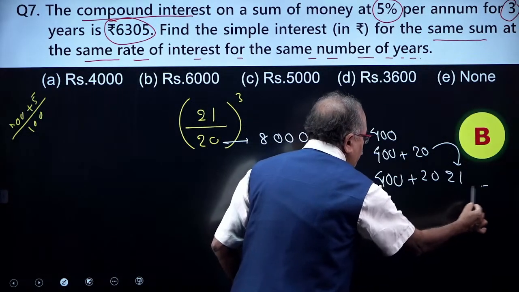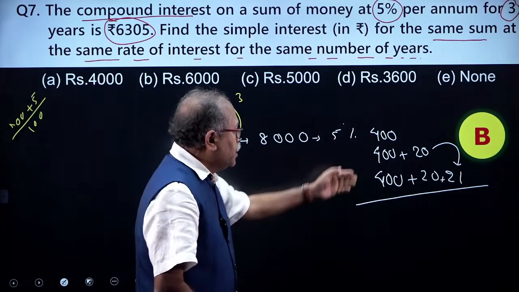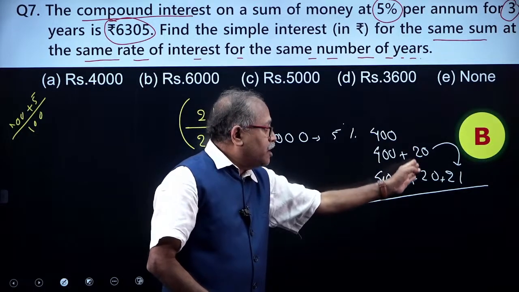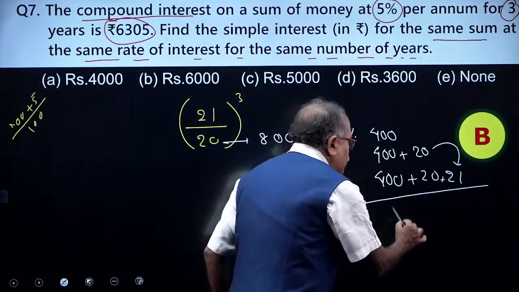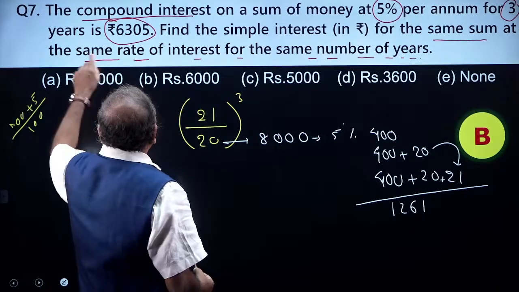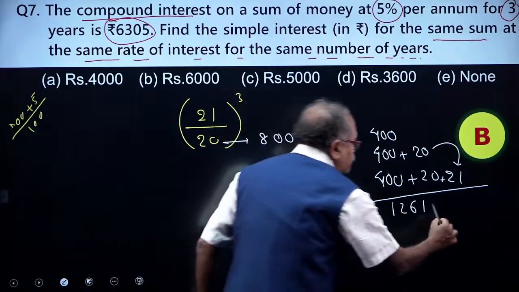So, what is the total? Look at this method, it will make things easier. Here it is 12, and 4 3 12 and 61. So, that is 1261. But the interest he got is 6,305.